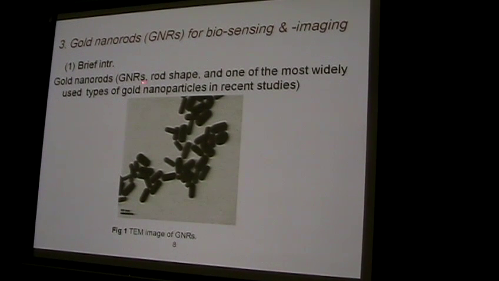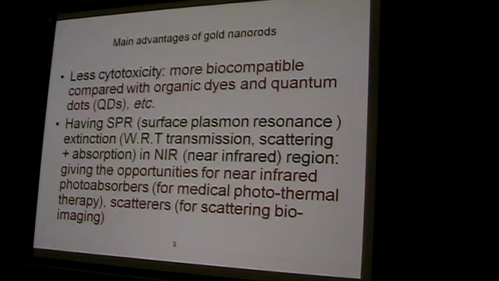And gold nanorods, depending on the shape, specifically the ratio of the length over the diameter, the aspect ratio, we can give different spectral responses. And they have a few advantages compared to the other fluorescent dyes and quantum dots I showed you earlier.